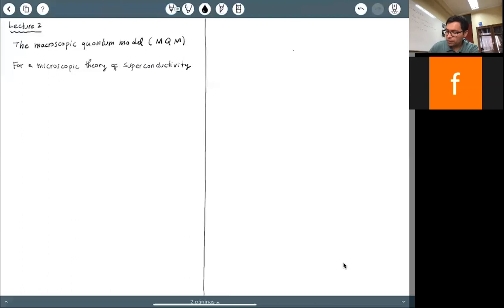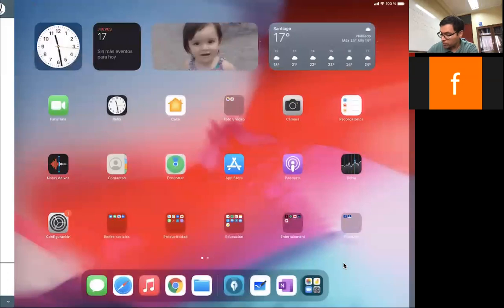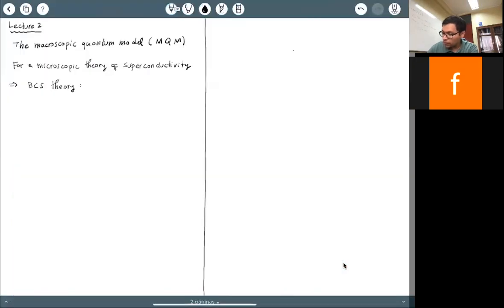Here we have the BCS theory, and within this theory we have the concept of Cooper pairs.